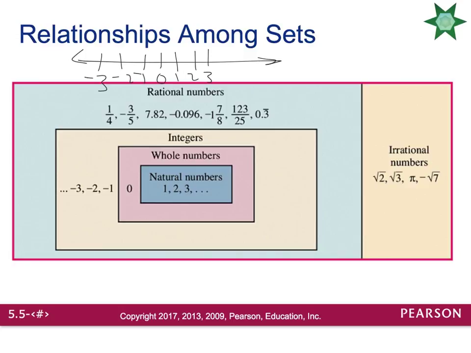Start with our natural numbers: 1, 2, 3, 4, 5, 6. Then we include the whole number 0. Now we include the integers, some over here. Those are all the integers.